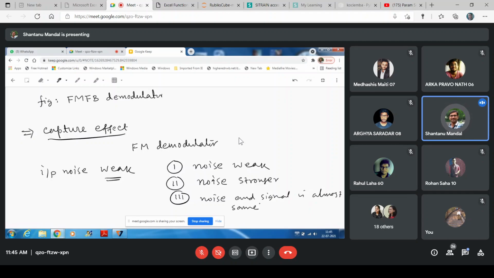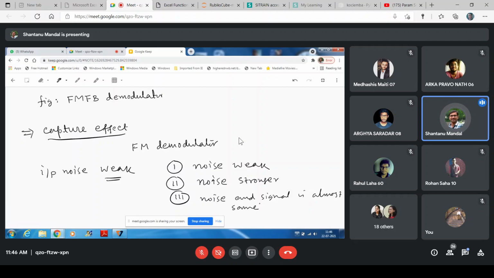This total effect is known as the capture effect. That is, capture effect means if the noise signal is weak, then noise is eliminated by the receiver and only the received signal is dominant.